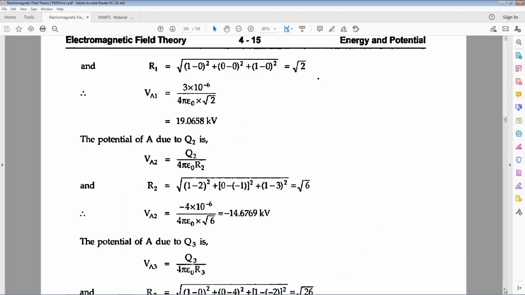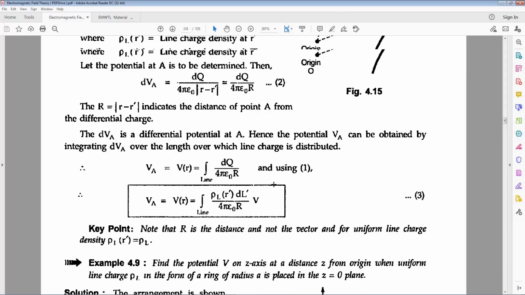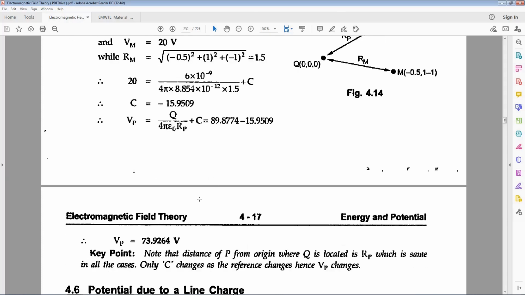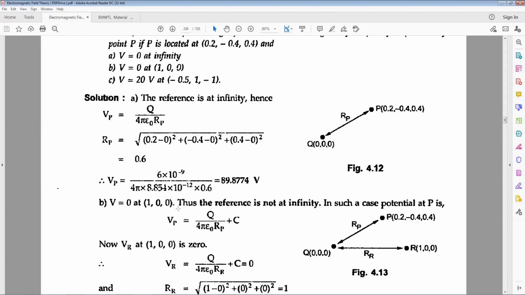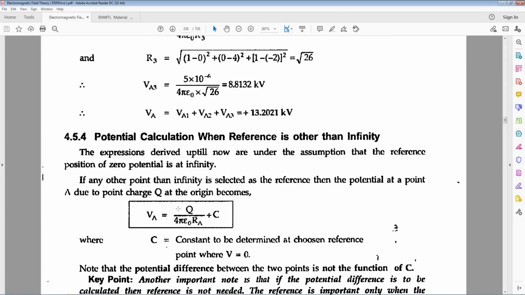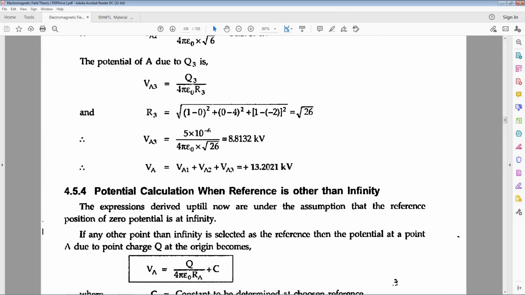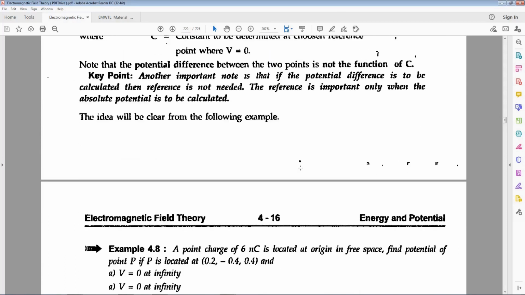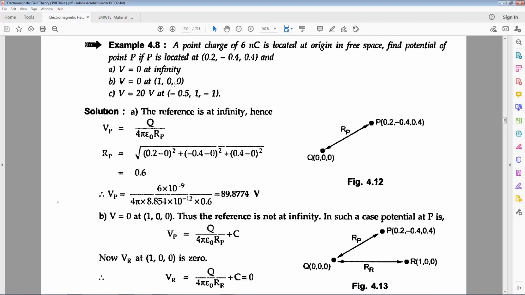Combination of all the three gives 13.2021 kilovolts.